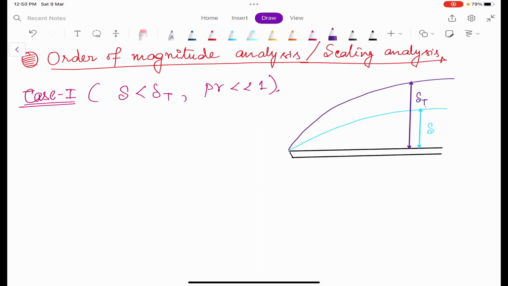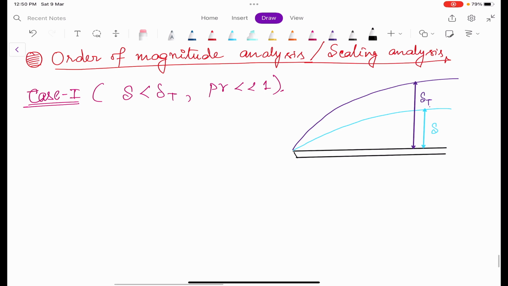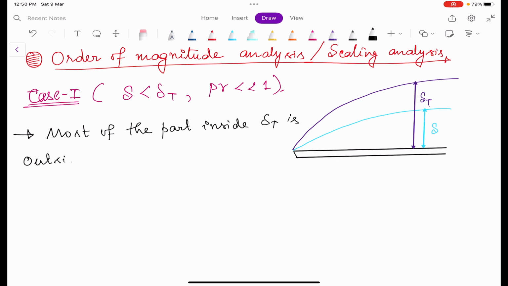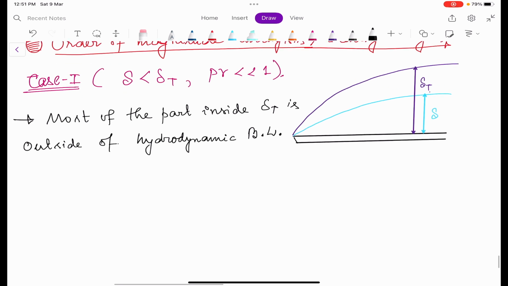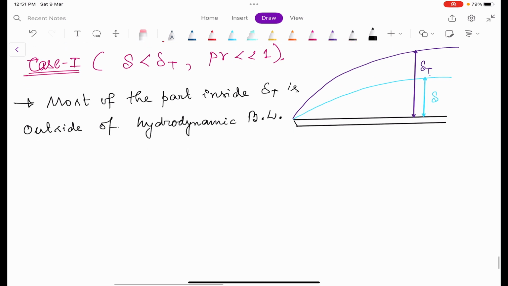Okay, so you see that here we can assume that most of the part inside delta t is outside of the hydrodynamic BL.